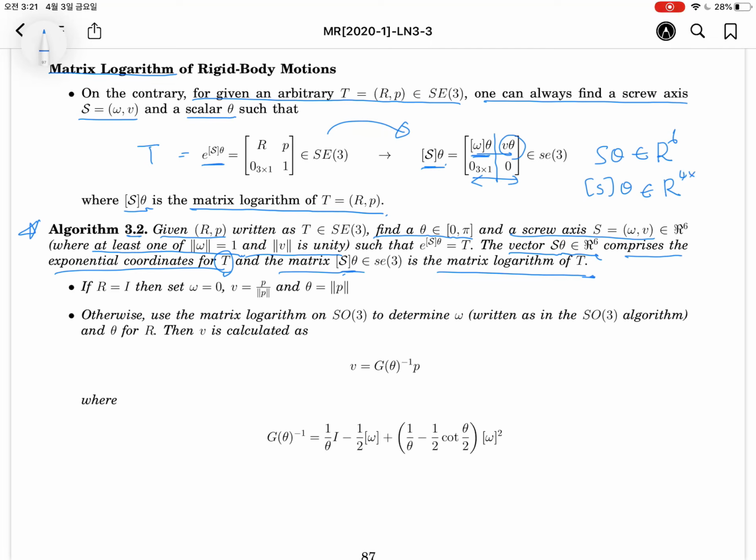The other belongs to R4 by 4. It is called the matrix logarithm. This is called the exponential coordinate for rigid body motion.